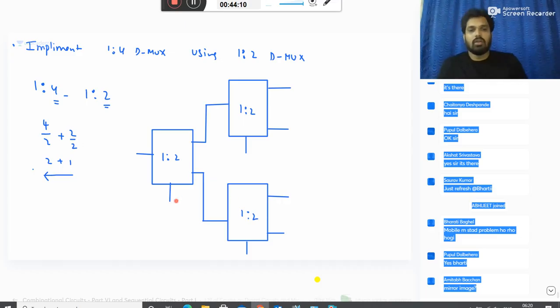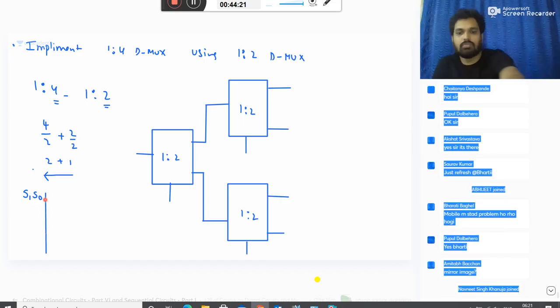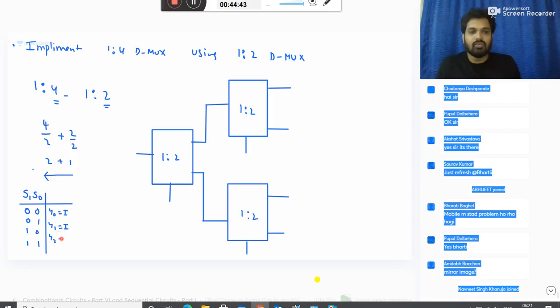So here, let me give you what we discussed earlier, S1 S0 can be 0 0, 0 1, 1 0, 1 1. So here your y0 will be I, y1 will be transferred with I, y2 will be I, and in the last case y3 will be transferred with I. Do you understand that or not? Already we discussed.